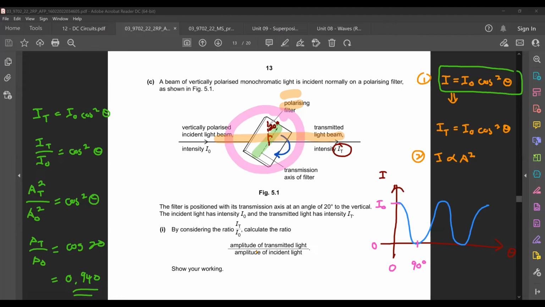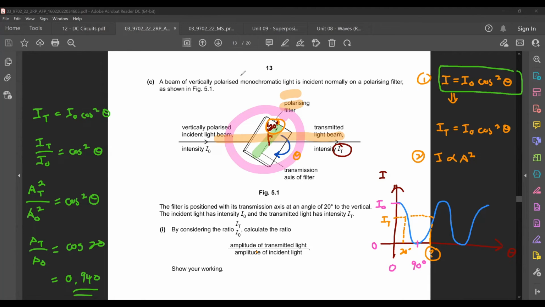At 20 degrees, this is where you're getting your IT. So basically what you're doing now is that you're trying to rotate your angle, theta, until you get back the same IT. Okay, this is your angle that you want to find. Okay, so how do you get the answer?